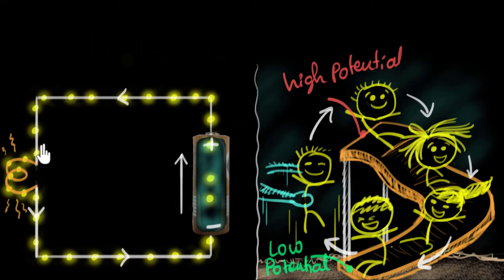And so we can say that the charges over here have high potential energy, and the charges over here, as they move down, they lose, so they have low potential energy. The only difference between these two cases, one is that this is due to gravity, this is due to electricity. But another major difference you can see is that over here, as kids are moving down, they are continuously losing potential energy and producing heat.